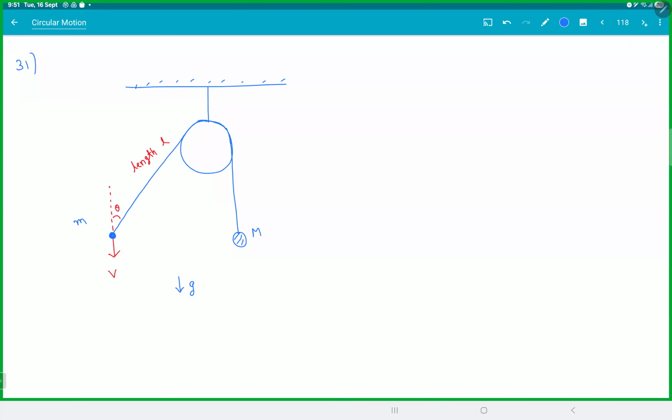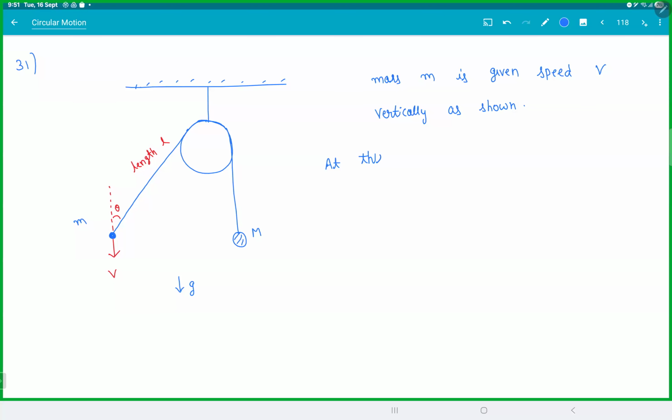There are two balls, one is capital M and one is small m, point masses. This small m is given speed v vertically as shown. The length of the string is L. The other one is capital M.